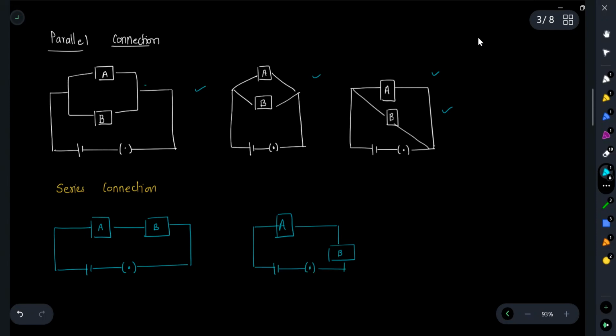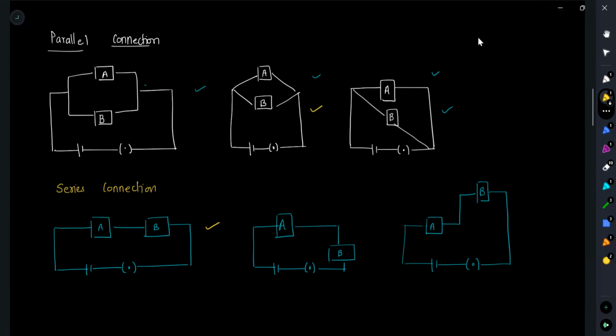There is no difference between these two lines. No matter how you do it, for example, if you make A here and then take the wire a little higher, B here, it is still a single connecting link. So all these three are series connection, but the simplest one is how you draw this. This is the simplest version of it, and this is the simplest version of this. This is how you will be drawing if you are asked to make a circuit diagram.